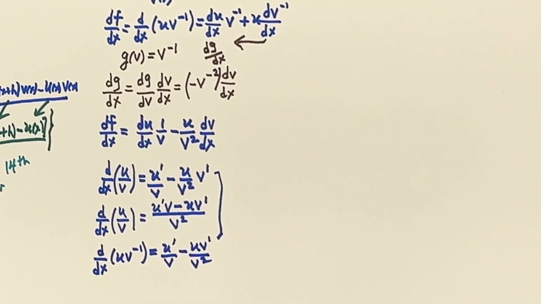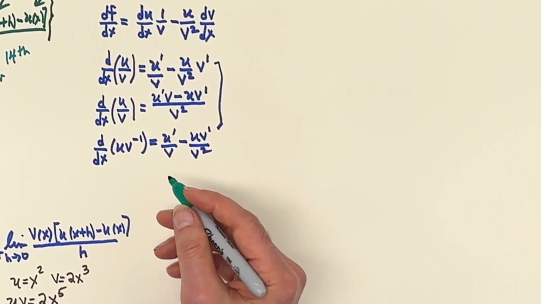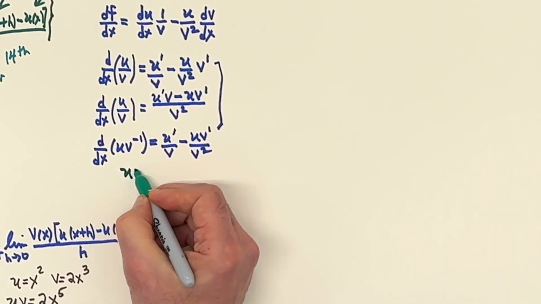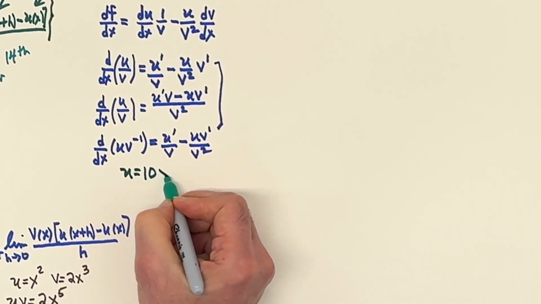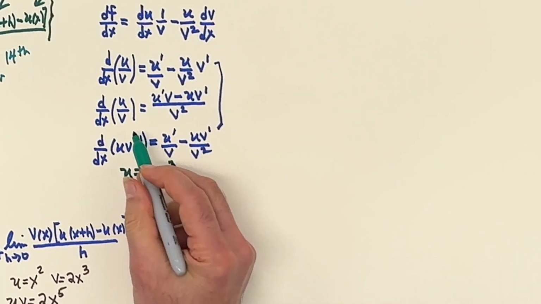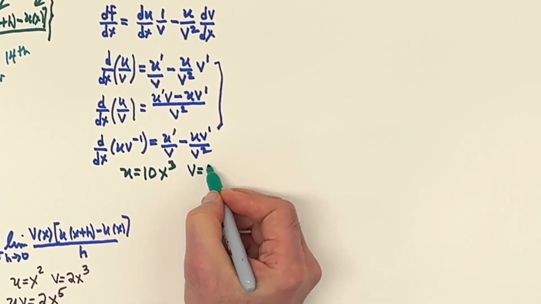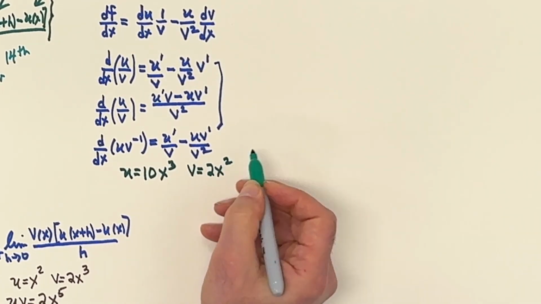Okay, so let's look at how we may check this. I'm going to pick u is 10x cubed. That's going to be a numerator function. I'm going to pick v is 2x squared.